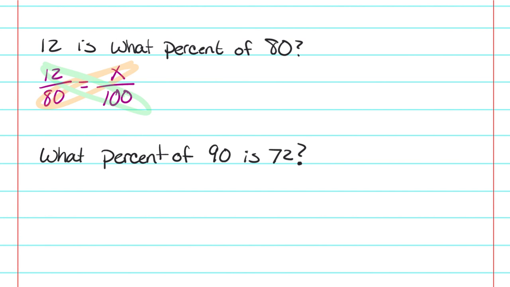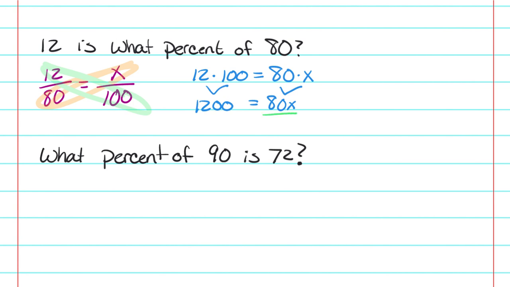We have 12 times 100 equals 80 times X. It does not matter which of these you put first, as long as these two are on the same side of an equal sign and these two are on the opposite side. I could have done 80x equals this. Does not matter, it'll still work out the same. Now go ahead and do the math. 12 times 100 gives me 1200. 80 times x gives me 80x.